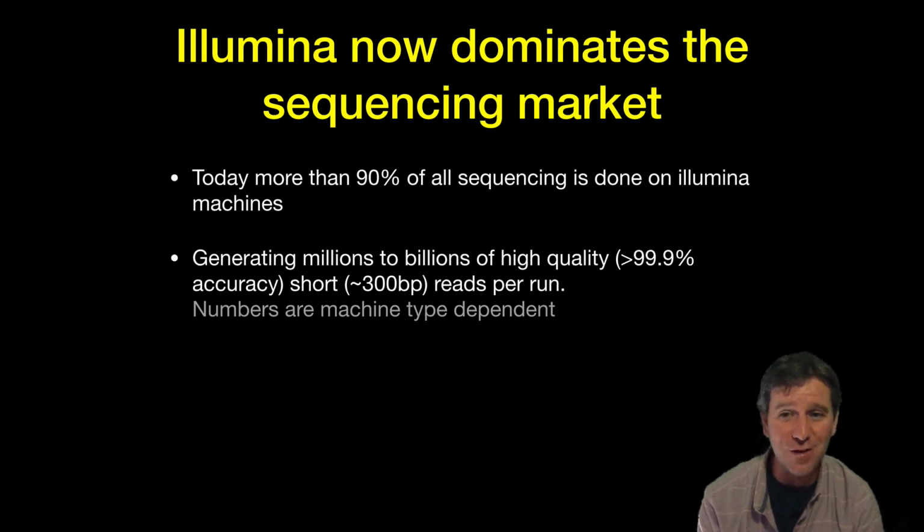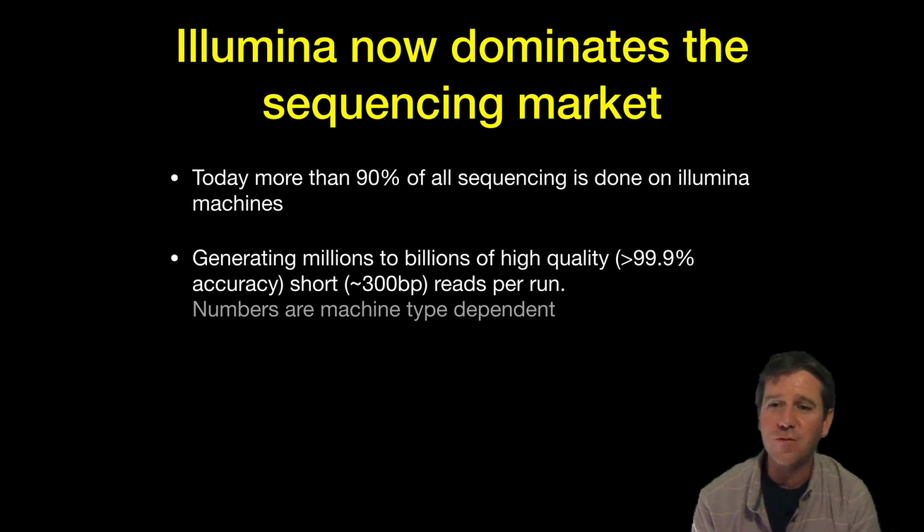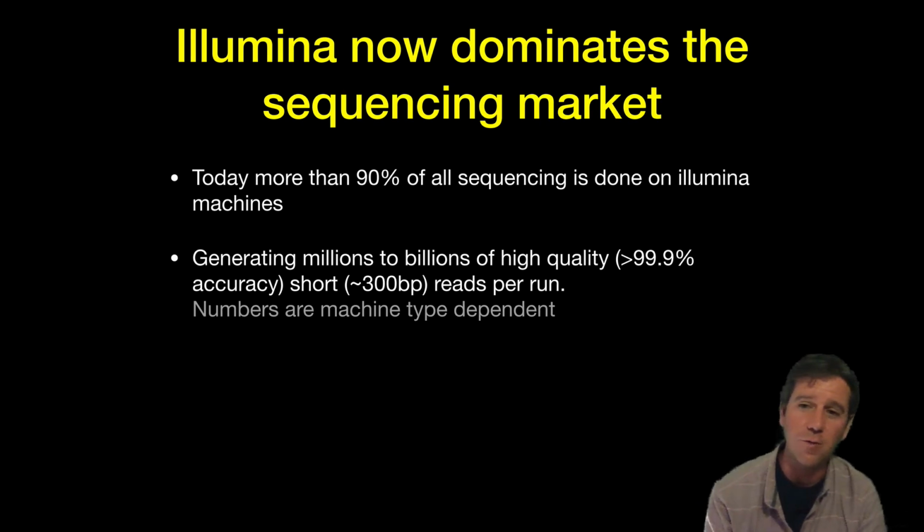Your accuracy is good, but you have short reads, as we'll see and maybe discuss in our hands-on session. The numbers depend on which type of machine you have, just like you can have different types of cars, where different models are more expensive than others. It's the same with sequencers here.